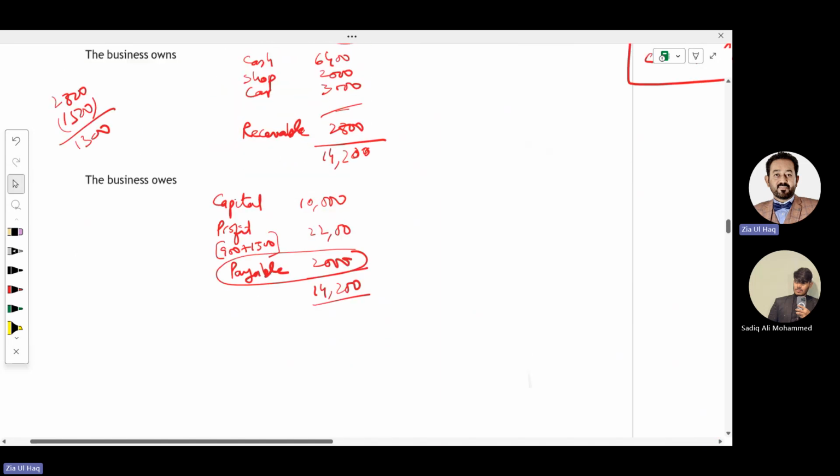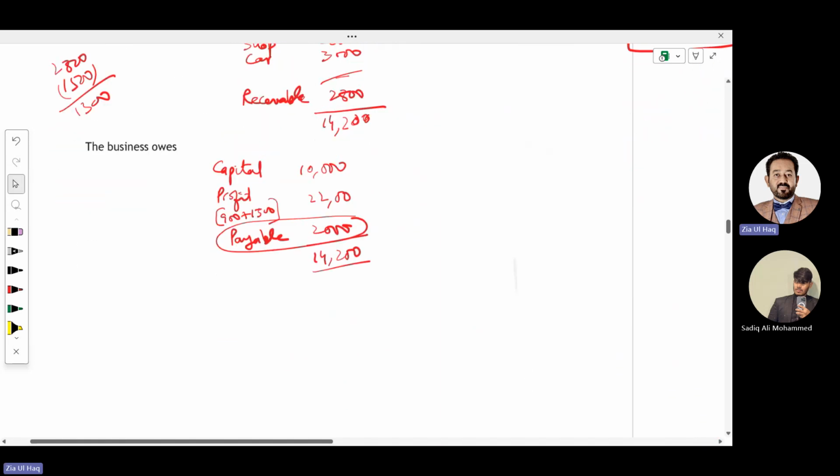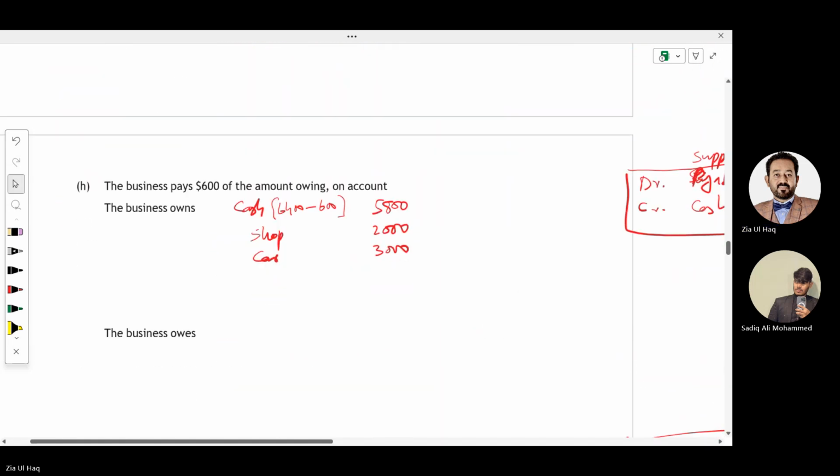What else are we having? Receivable of 2,800 because inventory gone. What business owns: 5,800 plus 2,000 plus 3,000 plus 2,800 is 13,600.